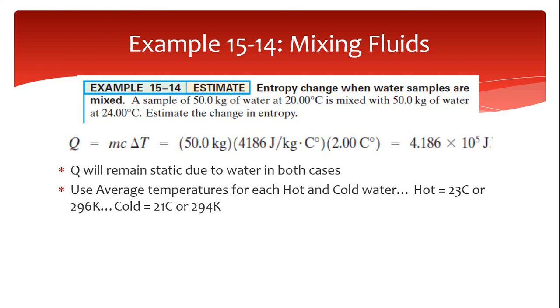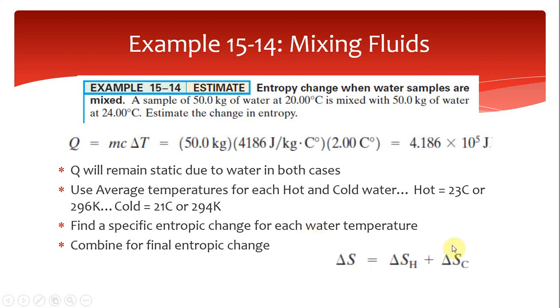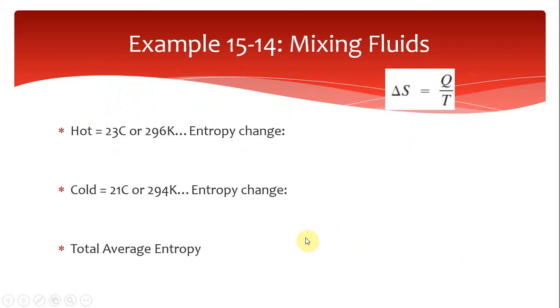So in this particular case, we will use average temperatures for hot and cold water, and those temperatures will be in kelvins. We will find the specific entropic change for each water temperature, and then we will combine for the final entropic difference. We're going to use this formula here. Let's get to it.